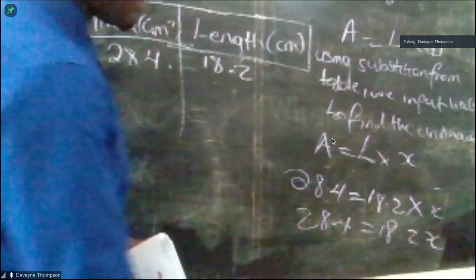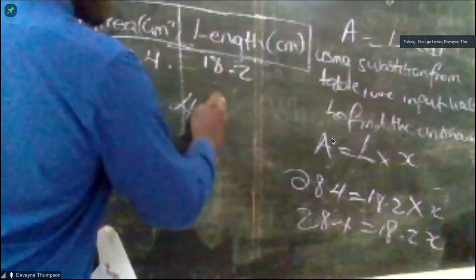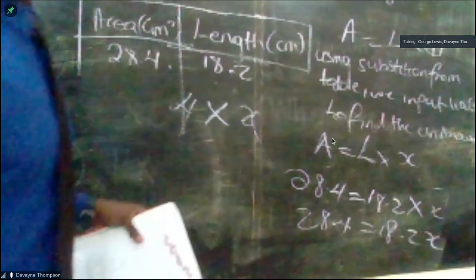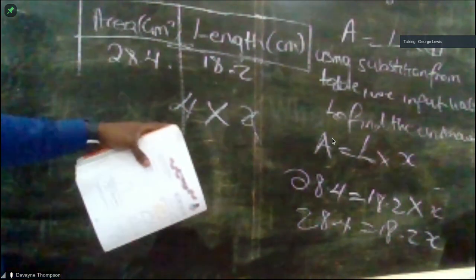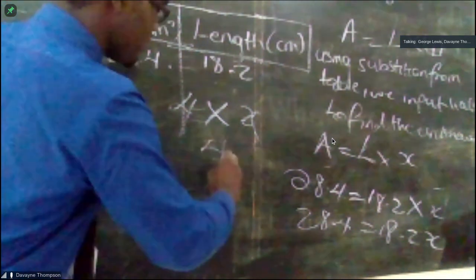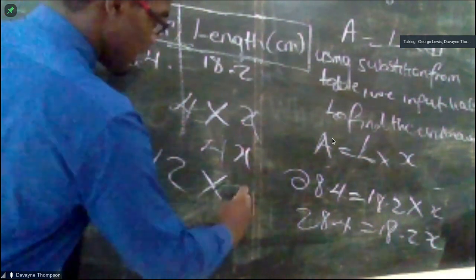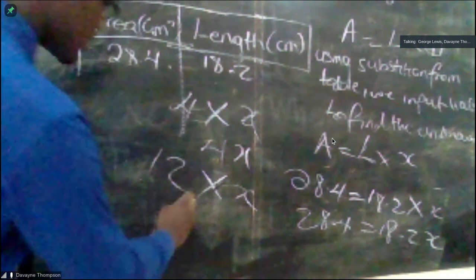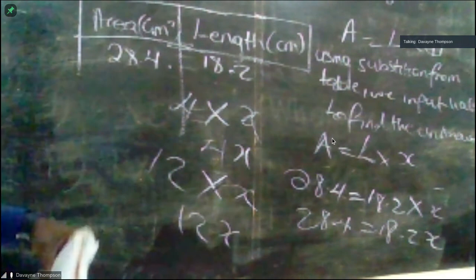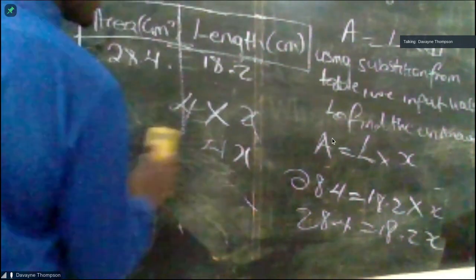Everybody see that? When I have 4 times X, that's the same thing as 4X. When I have 12 times X, it's the same thing as 12X. Okay? So now that's how I got 18.2X, for those who are wondering.